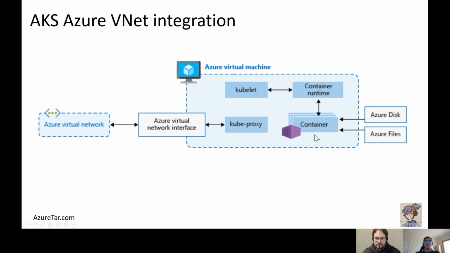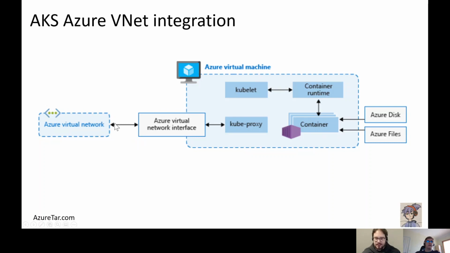It means that for each pod, or container, we call it pod, you can have one IP on the VNet. Then it's pretty much a VM. It's mostly how a VM works. You have an IP number for each pod. You can talk directly with that pod if you want from the VNet.